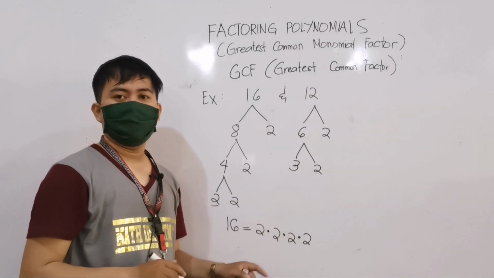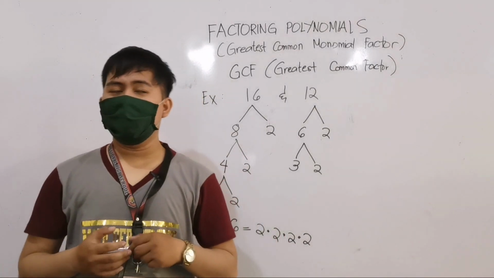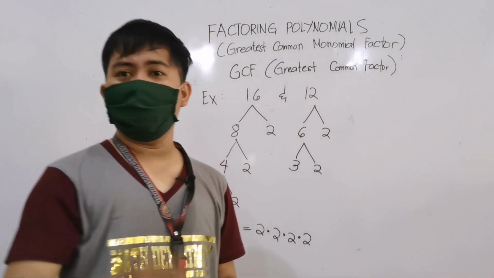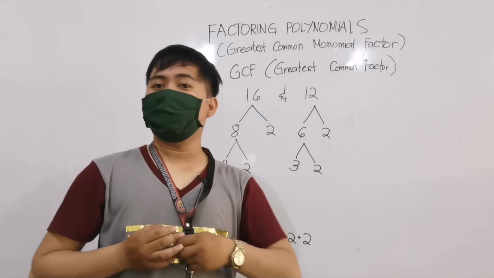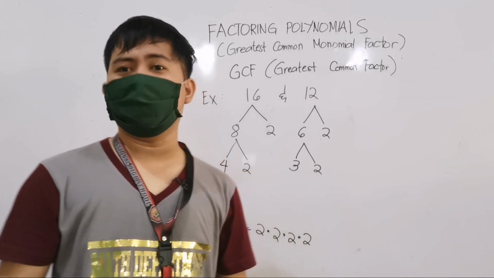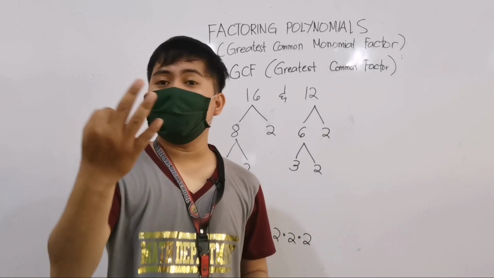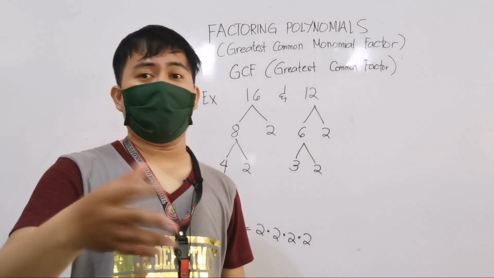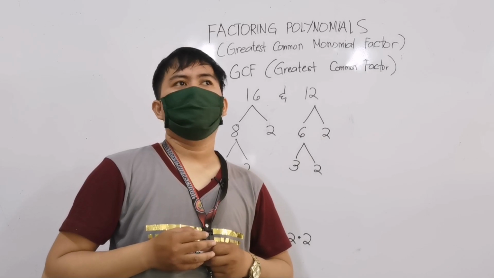Of course. Ano nga ba yung mga prime numbers? Ito yung mga numbers na walang ibang factor kundi yung 1 at yung sarili nila. For example, of a prime number, 2. Kasi wala nang ibang factors ang 2 aside sa 2 and 1. 3 is a prime number. Kasi wala na rin ibang factors kundi 3 and 1. Is 4 a prime number?